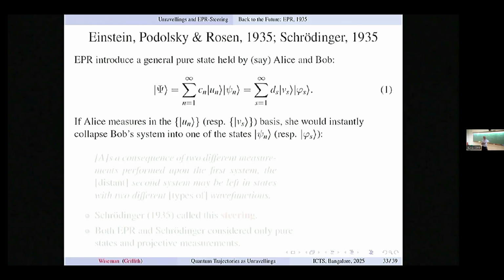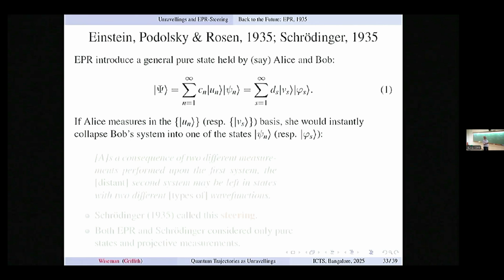So, just briefly, for those who don't know about the EPR paradox, this is one of the ways it's explained in the EPR paper. They have their position-momentum argument, but actually they have a much more general discussion where they introduce a general pure state like this, with basically exactly this notation, just modified.